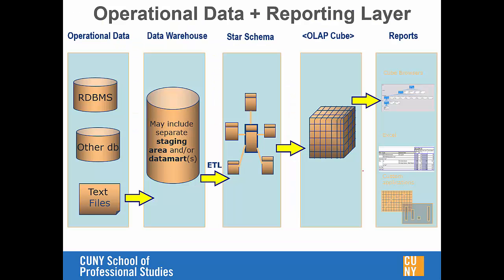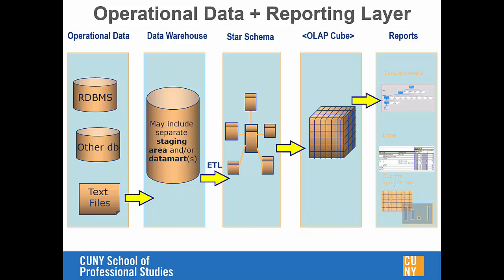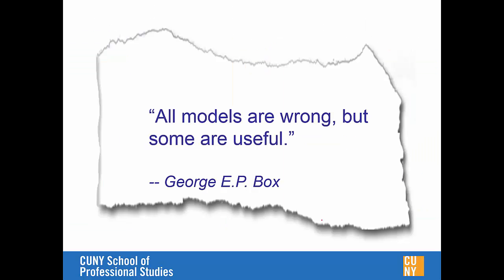So returning to what we looked at originally with our data warehouse, we have our operational data, which could be, for example, a flights database or a TB database or a set of databases. And then we have our reporting layer, and we have our reports. In our version of this model, we're going to just treat the CSV file as our reporting layer, and from there produce our reports.